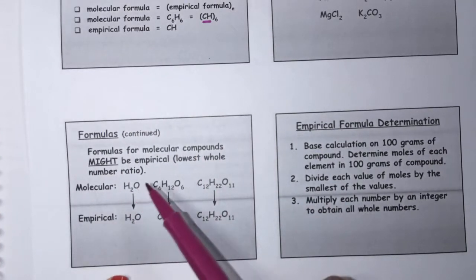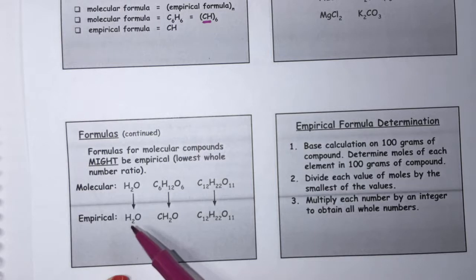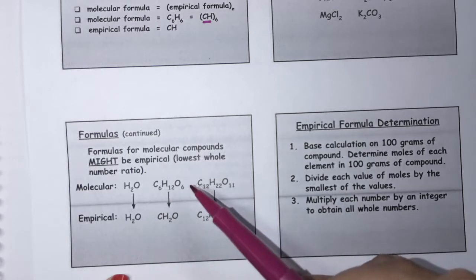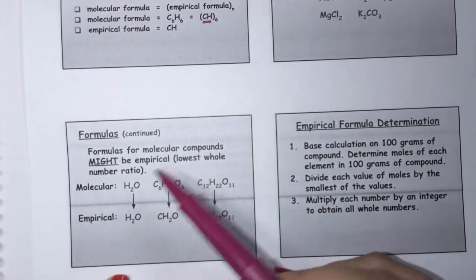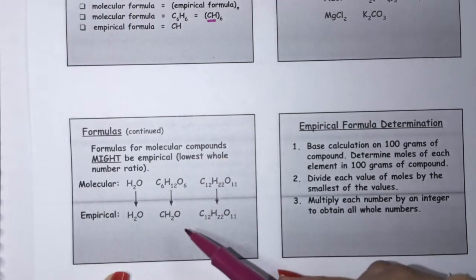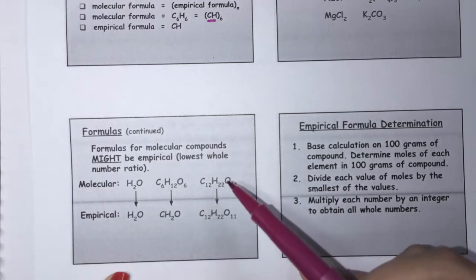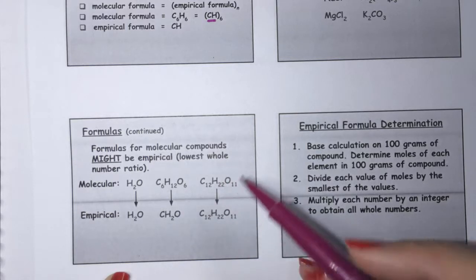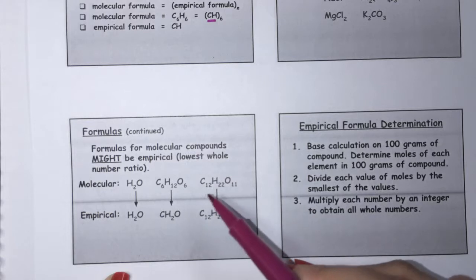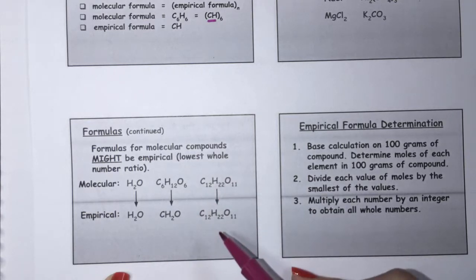H2O, a covalent compound, is already empirical. Whereas glucose, another covalent compound, has the molecular formula C6H12O6, but it can be divided by 6 and simplified. C12H22O11, although these two can be divided by 2, this one cannot, so it is already in its simplest form.